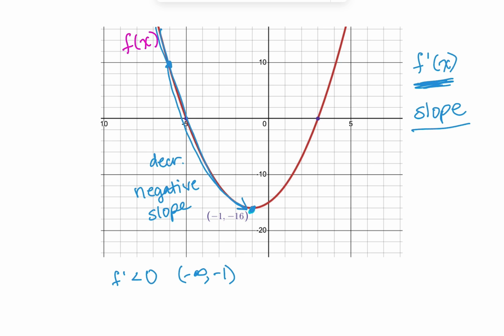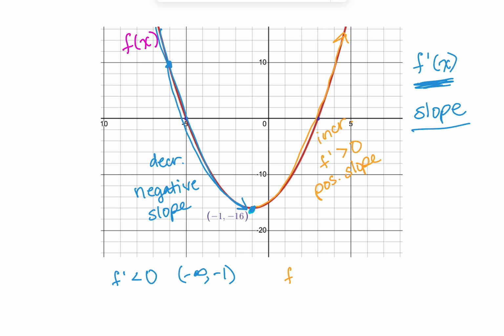Okay, once I move to the right of the vertex, or as I continue past the vertex, since the vertex is a turning point, now we've turned around and we are increasing. So f is increasing on this section of the graph, which means that f prime is positive, is greater than 0, because we have a positive slope over this section of the graph.